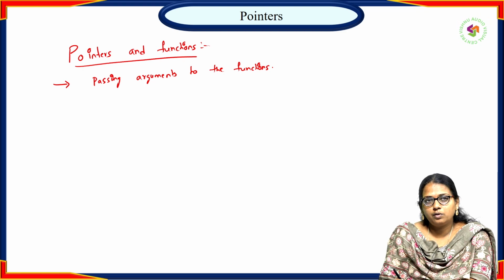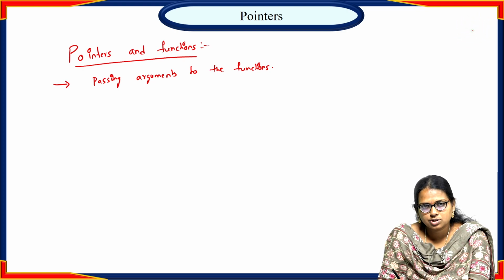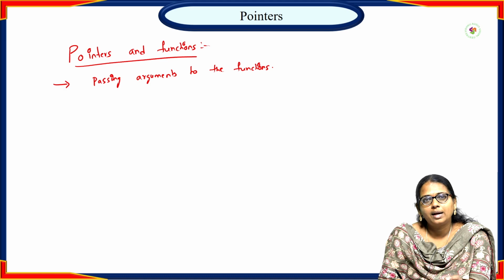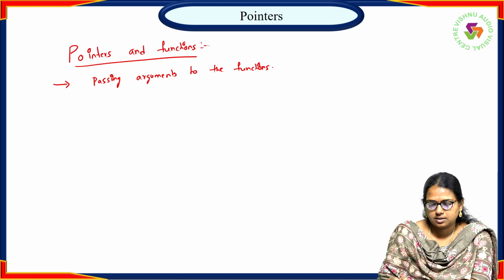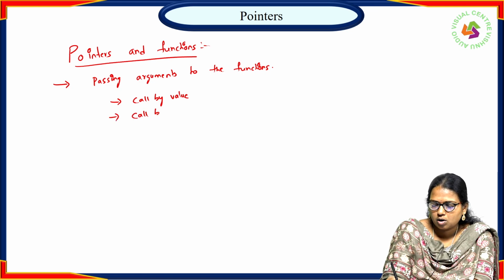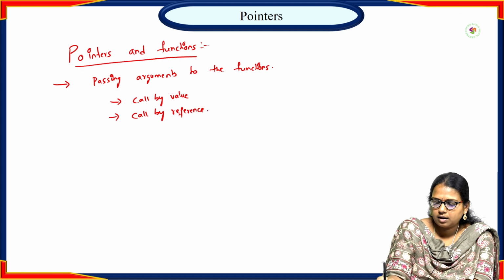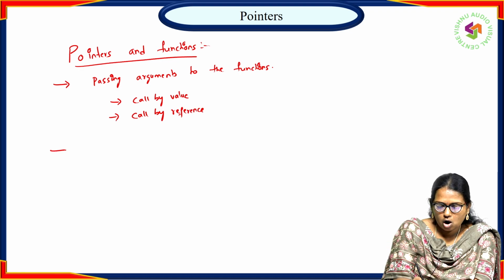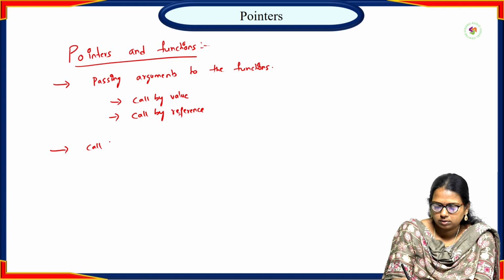See, when we pass arguments to the functions, there are two ways. One is call by value and another one is call by reference.